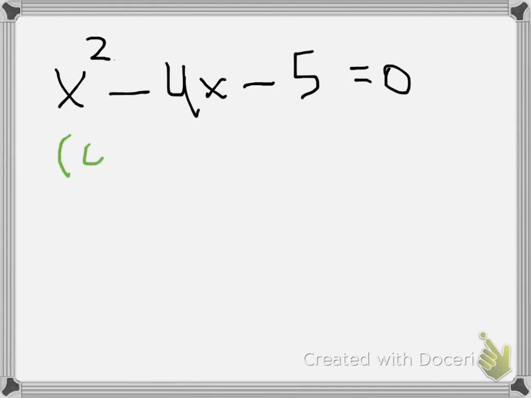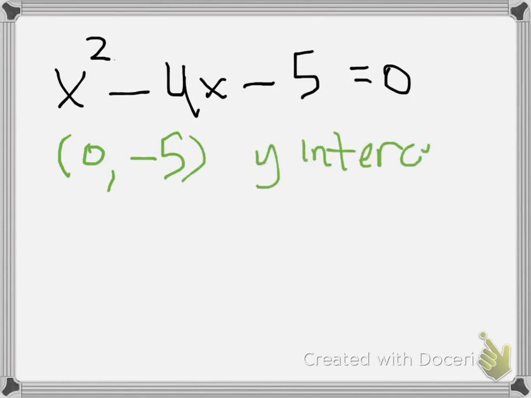So (0, -5) is my y-intercept. You find a y-intercept by setting x equal to 0. If x is 0, you can see how these other parts would cancel out, and y would be equal to -5.